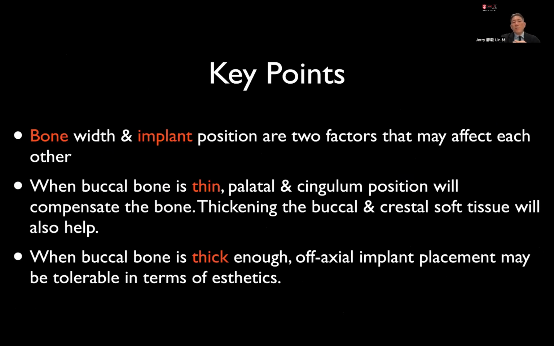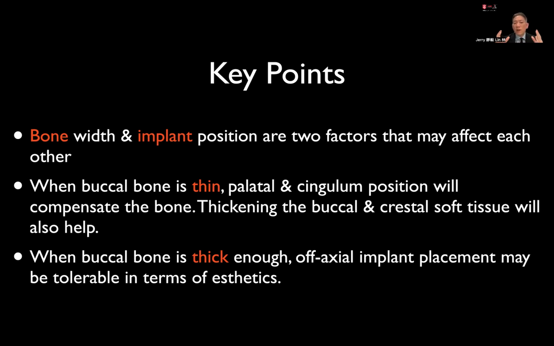So the key point about bone width and implant position is that these are two factors that may affect each other. For example, if we don't have a good dimension of bone and cannot have at least 1 or 1.5 millimeters on the buccal, then we should place our implant a little bit palatally, giving some more room for the profile and also some room for the soft tissue.